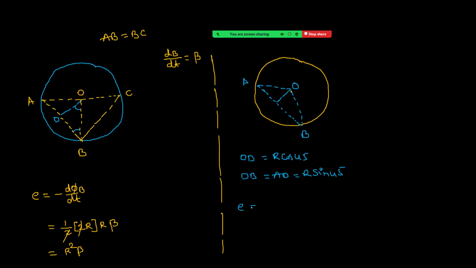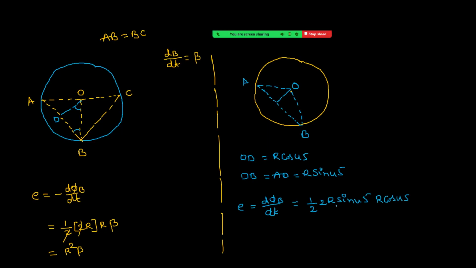So EMF equals d phi by dt. I am just focusing on the modulus value, not the sign. Area is half base into height. The base is R sin 45 plus R sin 45, that is 2R sin 45. Height is R cos 45.